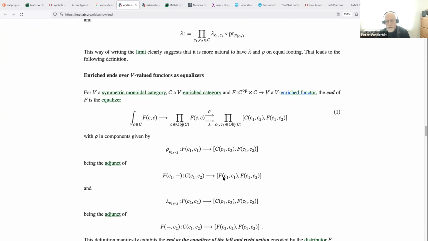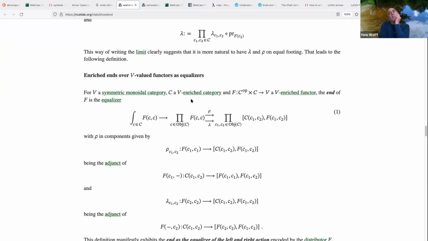Well, what does it mean to enrich a functor? You have to start out with what an enriched category is. It's the natural notion of structure preserving map between two V enriched categories, I guess. I think of it as, instead of the Hom being a set, it has more structure.